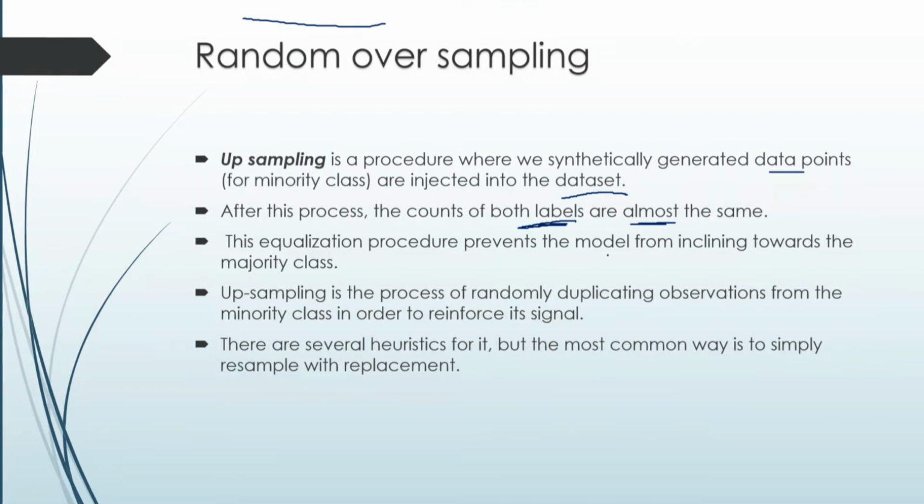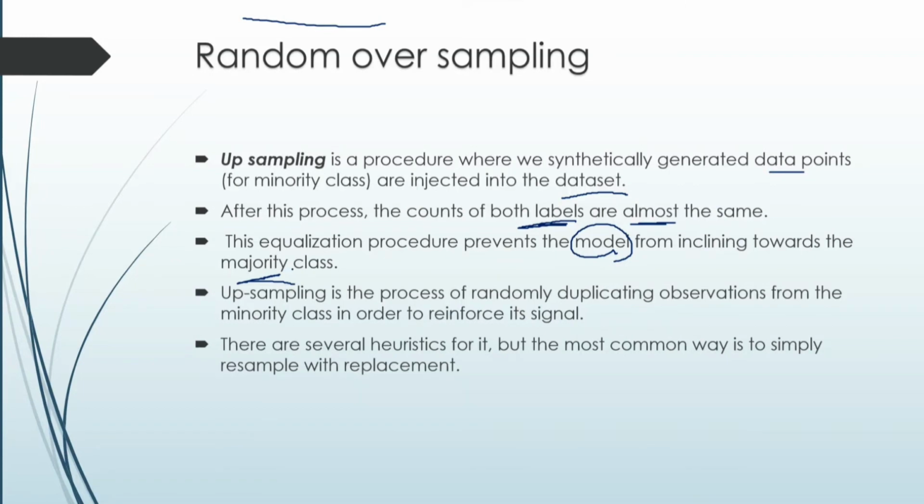This procedure prevents the model from inclining towards the majority class. As we have seen in the class imbalance problem, our model will learn from the majority of the observations of the majority class, so it will learn nothing of the minority class.